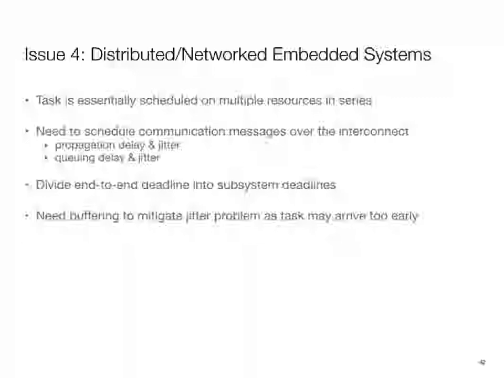One problem that we face in this networked setting is that we have to divide our end-to-end delay into an allocation of delays for each link and an allocation of delay for each processor. Then I can go ahead and run the same type of schedulers that we talked about for each one of the processors and also for each one of the communication links. But then you have to first solve the problem of splitting the deadline.